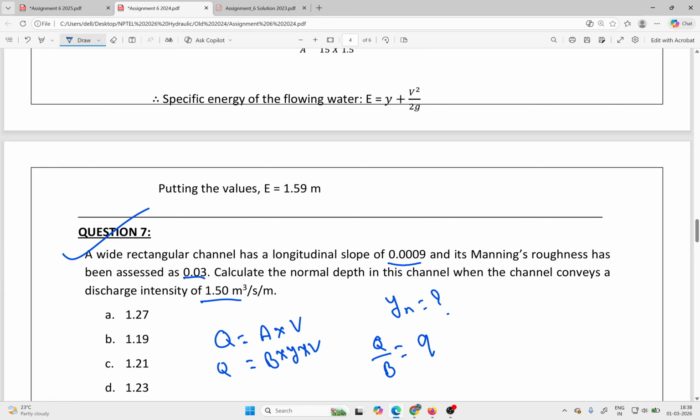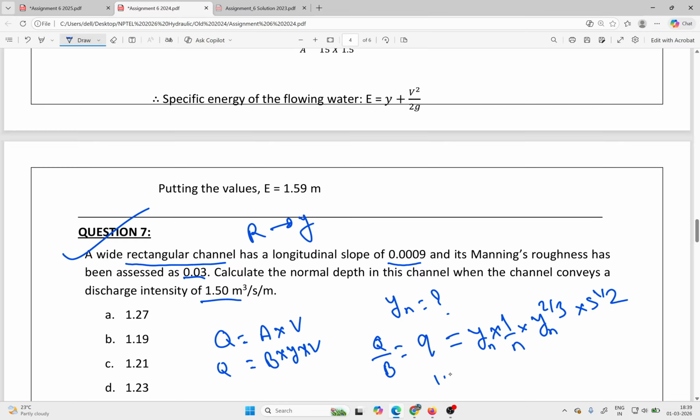Here the discharge intensity q is given as y times v, equal to 1 by n y to the power 2 by 3. Why am I writing y? Because a wide rectangular channel is given, so the hydraulic radius is y, the normal depth, remember please. Then S to the power 1 by 2.